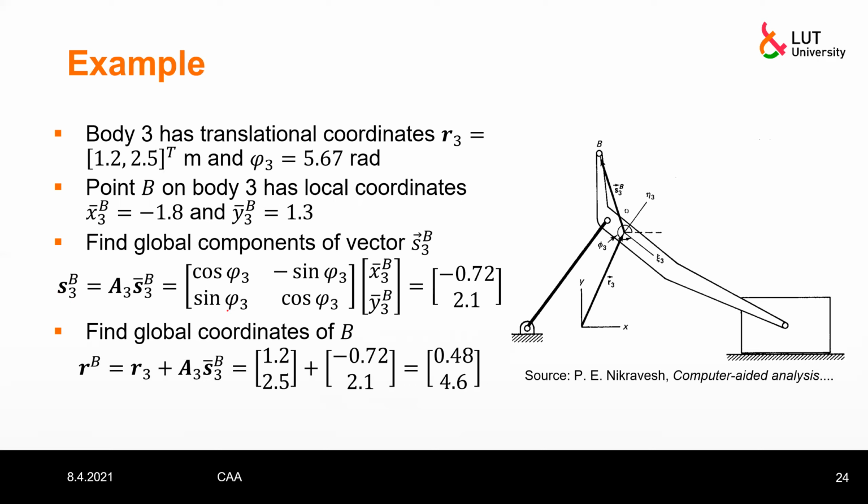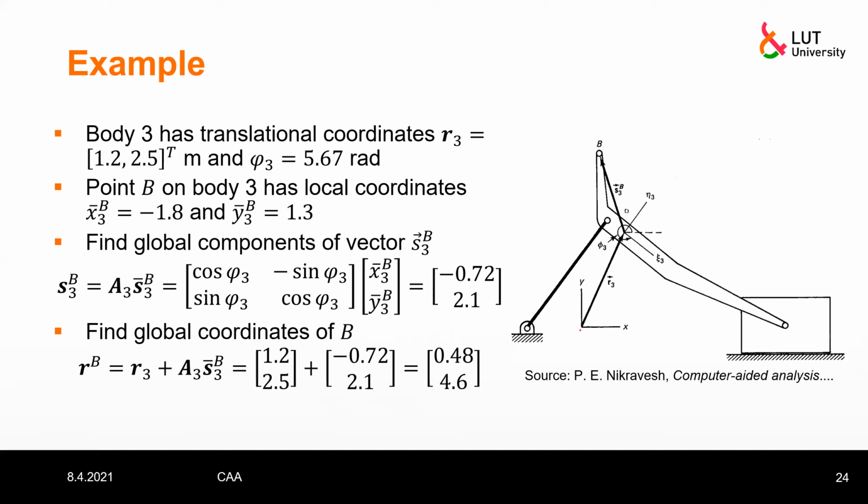And of course, the transformation matrix always has the same form. So this is cosine phi 3, minus sine phi 3, sine phi 3, and cosine phi 3. And we multiply it by vector S bar. And of course, S bar has components minus 1.8 and 1.3. They are taken from here. And after substituting numbers here, we get something like that.